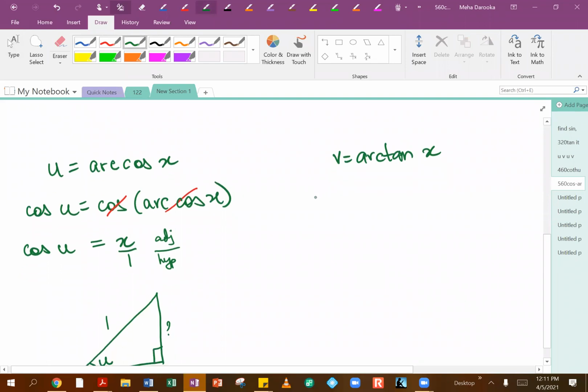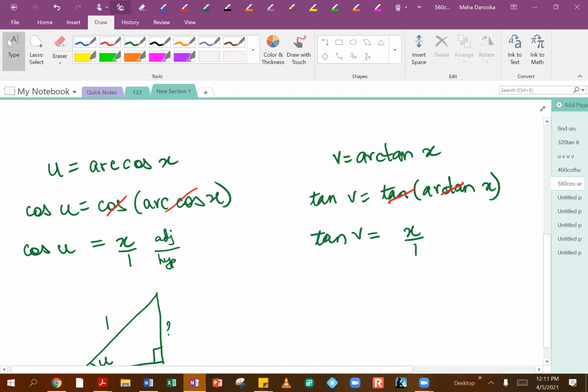So same thing, you can do tangent on both sides. That would end up giving us tangent of arc tangent of x on the right hand side. Again, tangent and arc tangent will cancel out. Of course, we want to make sure x is in the domain of the tangent function. So this will end up giving us tangent of v equals x.